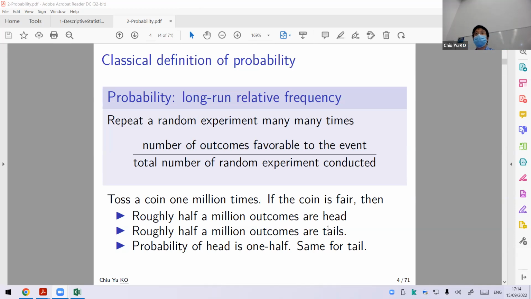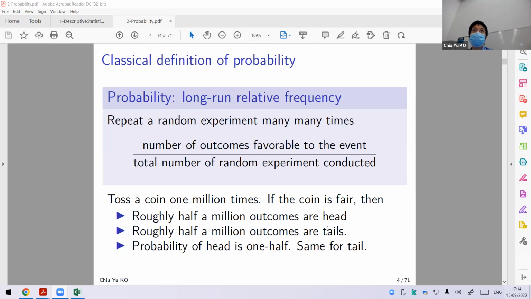What do I mean by that? All of you are in Hong Kong, and I suppose you know what a typhoon, a tropical cyclone, is. Over time the Observatory says the typhoon would hit Hong Kong with a probability of, say, 30%, 60%, 80%. What does that mean?